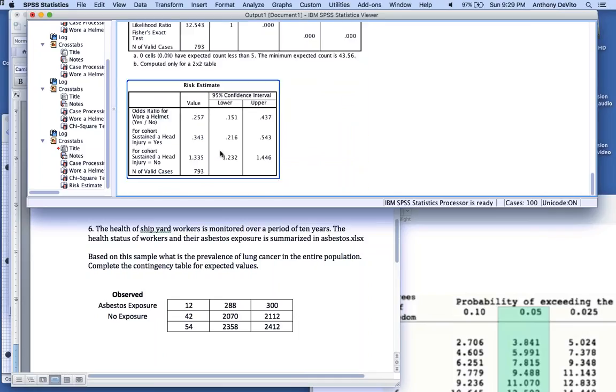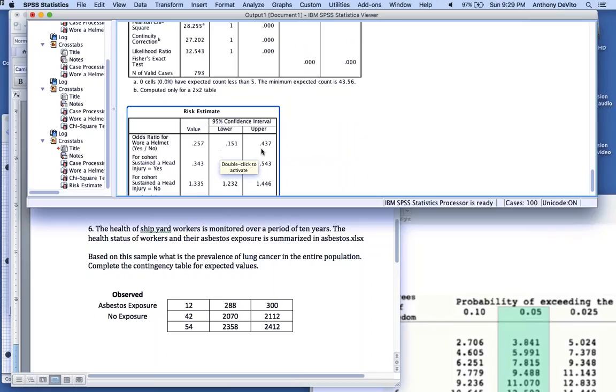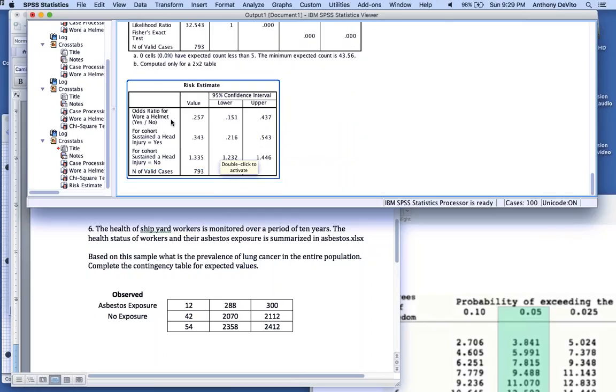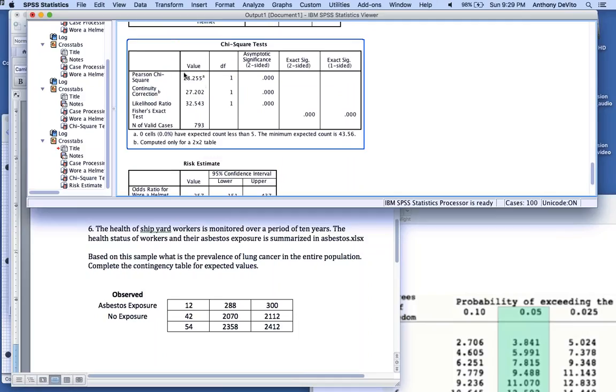We have three different pieces of evidence to reject the null hypothesis. One of the nice things about the odds ratio and the relative risk is they give you an idea of how protective wearing a helmet is compared to not wearing a helmet, where the chi-square just basically confirms for you that you can actually reject the null hypothesis.